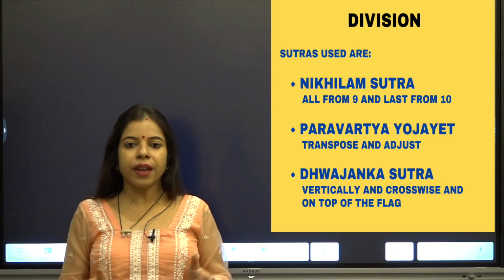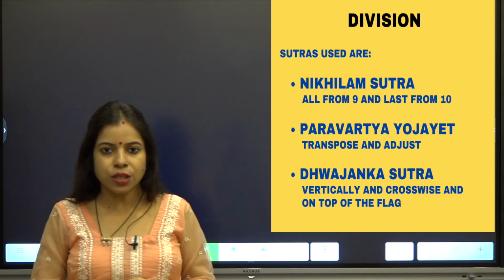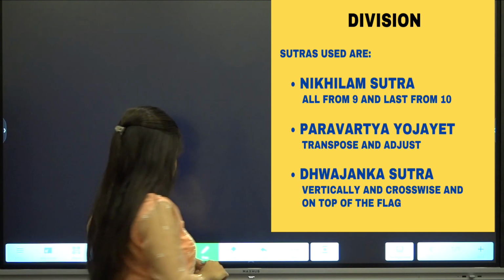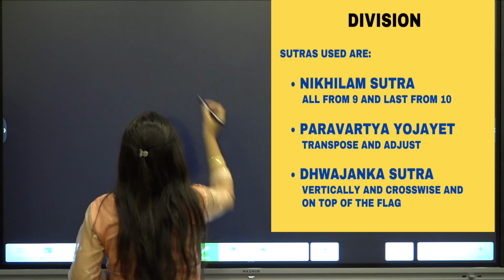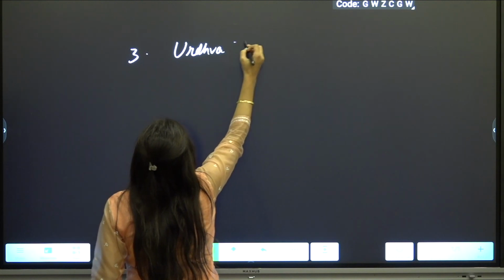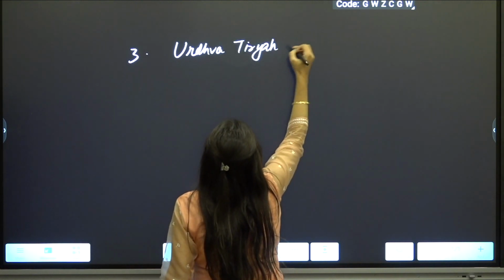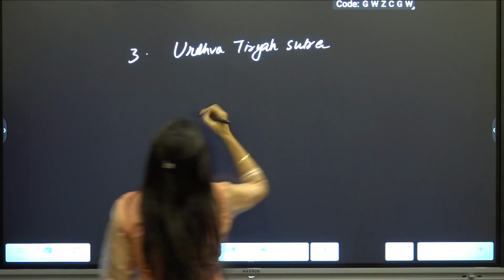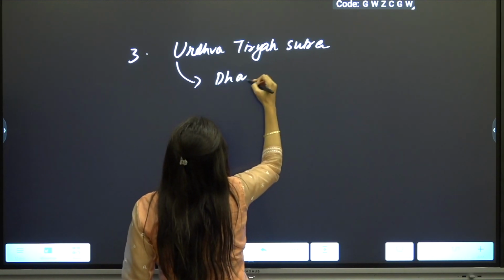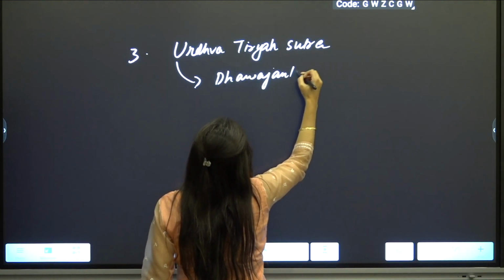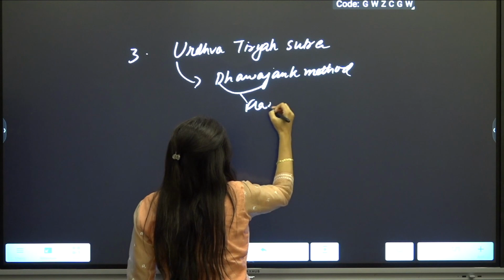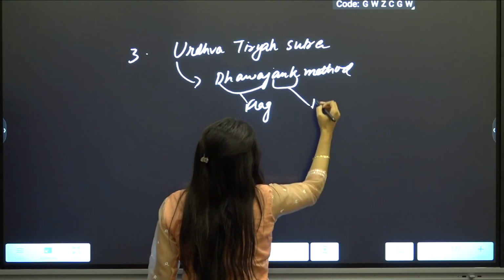Okay. Next sutra is the third sutra, which is known as Orthotheric Method, and this is also known as flag division. Orthotheric, basically this is the name of the sutra, and this is also known as Dvaj Ank method, where Dvaj means flag and Ank means your digit.